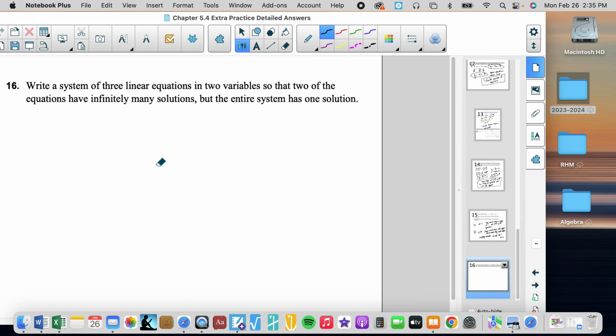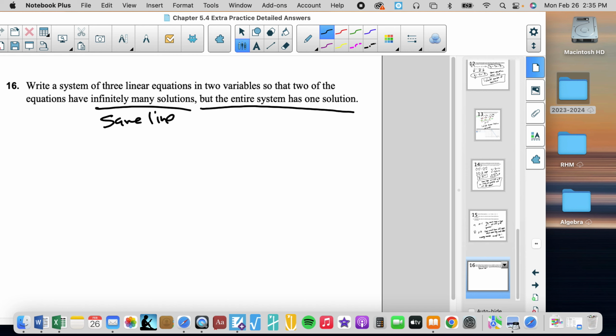Sorry about that. Write a system of 3 linear equations in 2 variables so that 2 of the equations have infinitely many solutions, meaning same line, but the entire system has 1 solution.